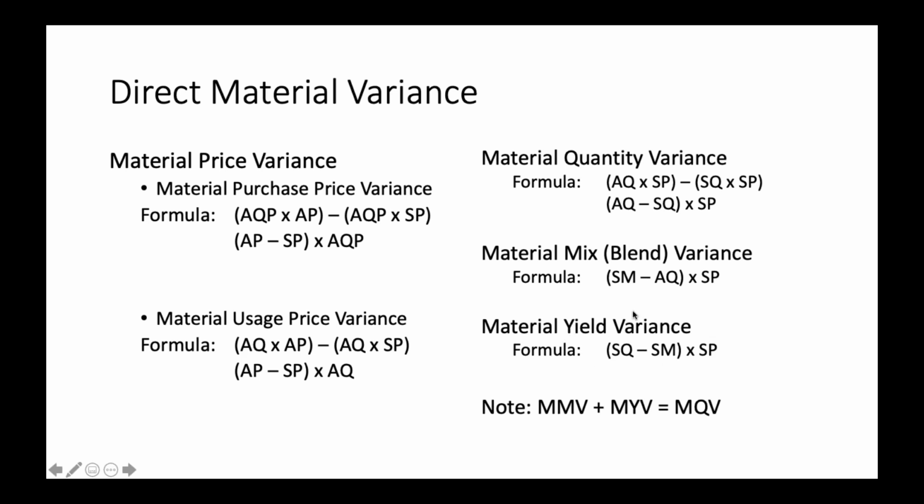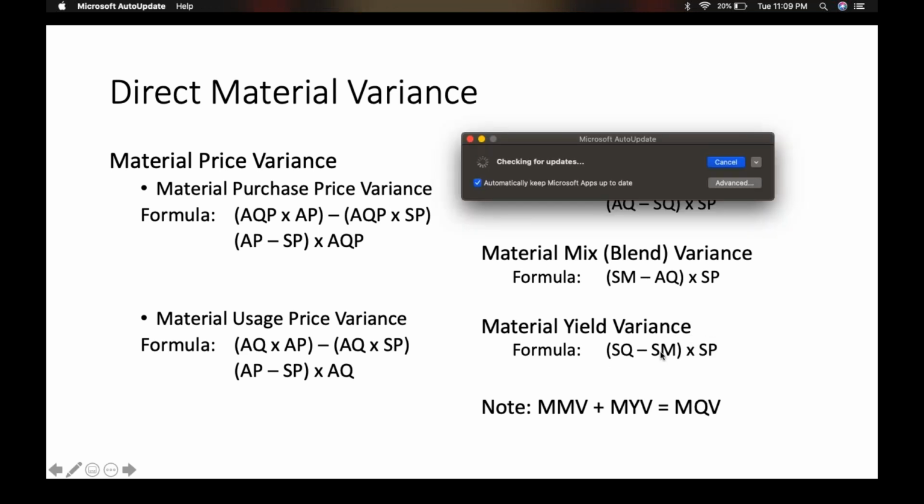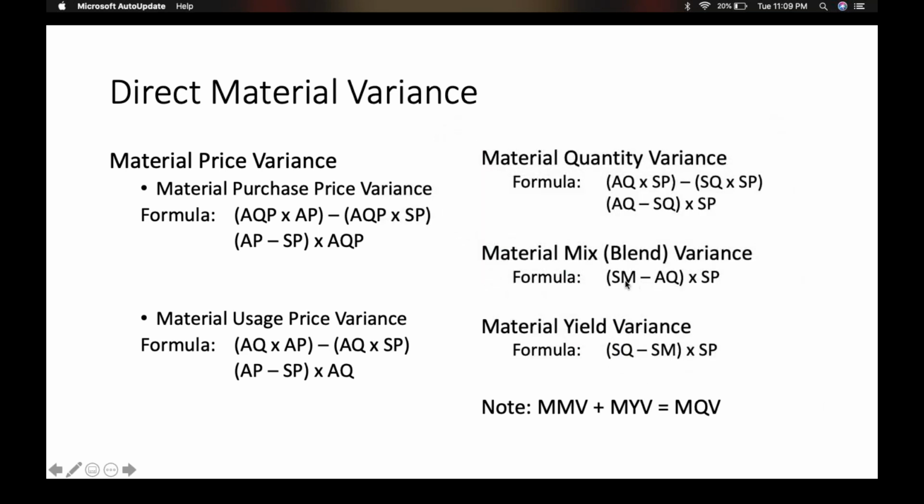Now the yield variance: sometimes when we set standards on input and we have an expected number of output, and the output does not conform with our expectations, we have a difference, or what we call yield variance.